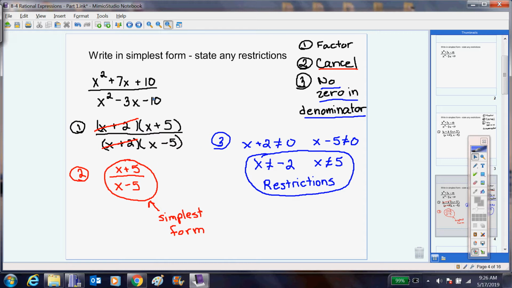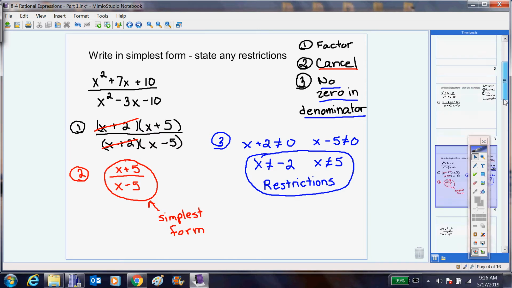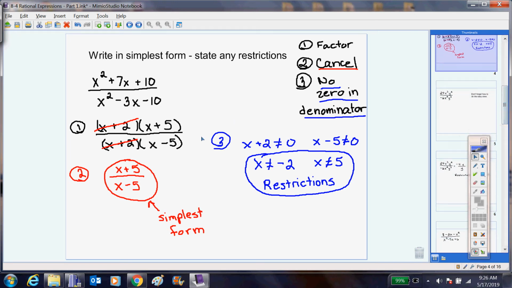You have to watch out for anywhere in any denominator. So all through the process, if you end up with something somewhere that would give you a 0 in some denominator in any step, that becomes a restriction and you can't have that happen. So look for the obvious ones, but then look for the ones that got canceled out for restrictions.